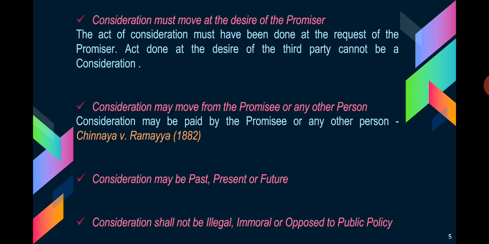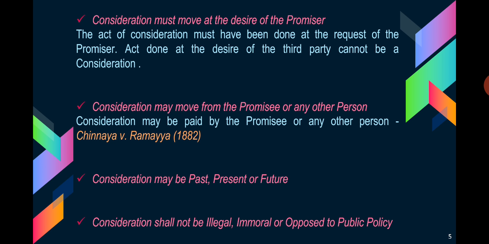The fourth essential is that the consideration shall not be illegal, immoral or opposed to public policy. This is again an important topic, wherein according to Section 23 of the Indian Contract Act, the consideration which is given for the agreement must not be unlawful.